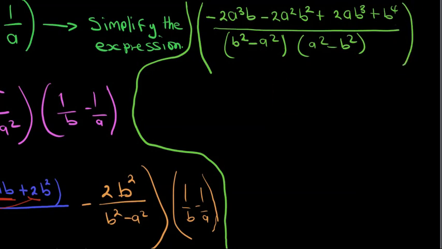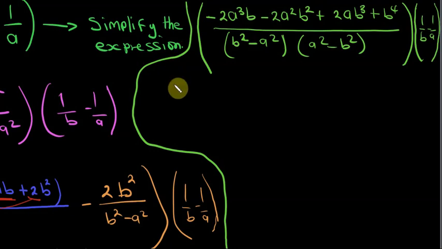And all this was multiplied by 1 over b minus 1 over a.